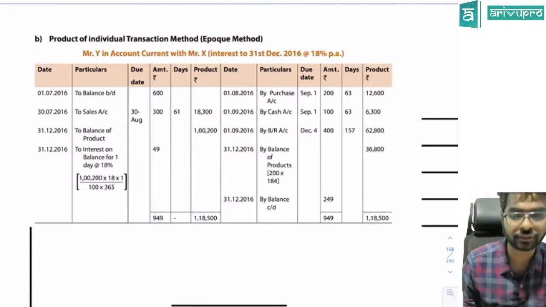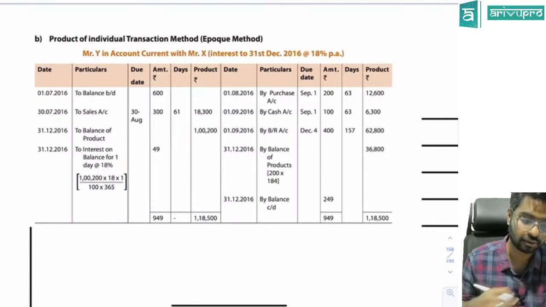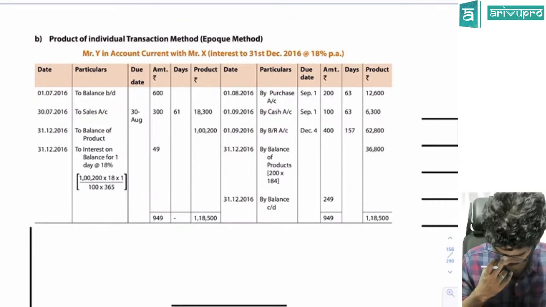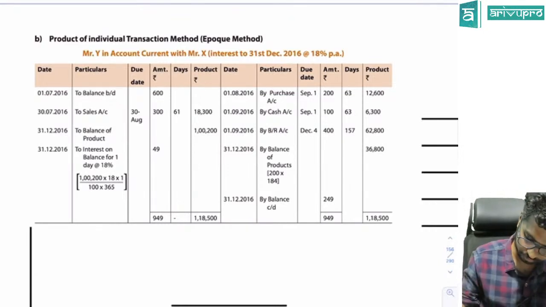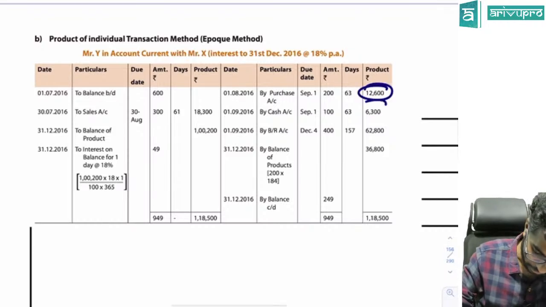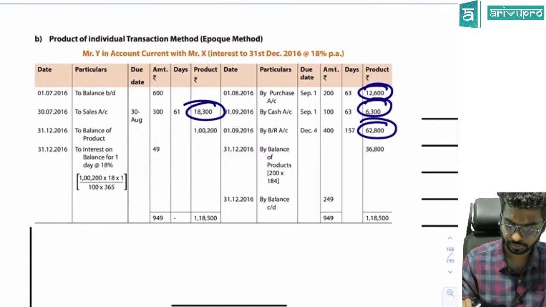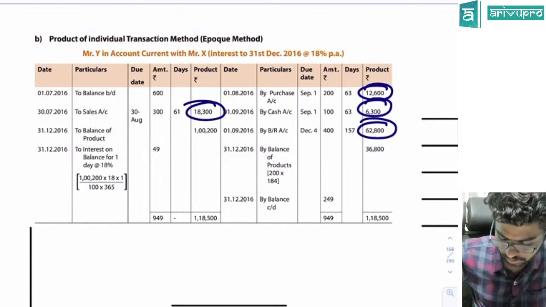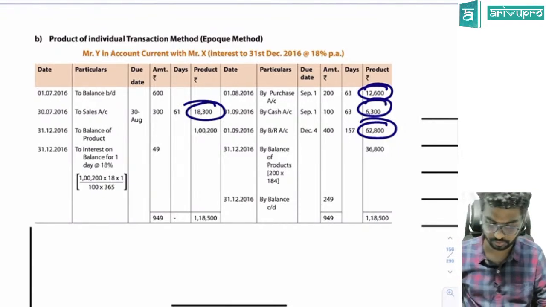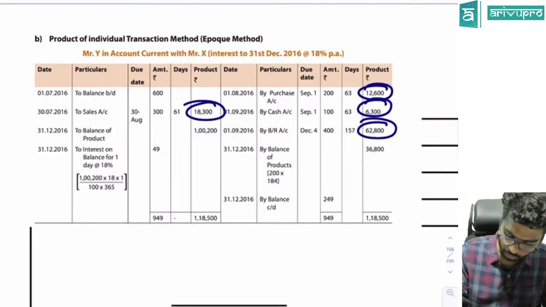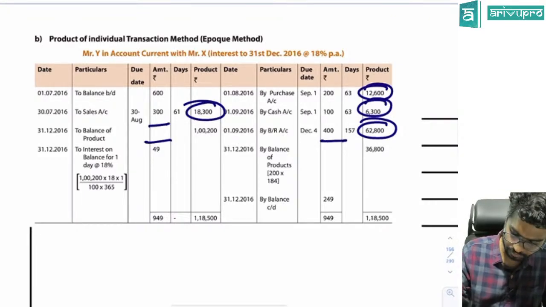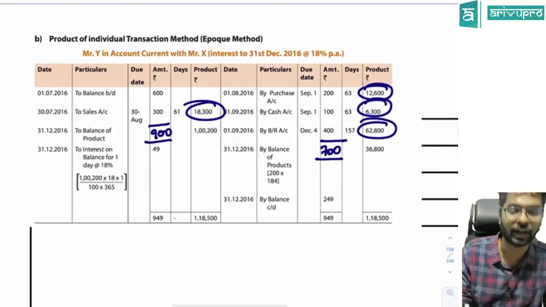Where is the biggest difference in the epoch method? I do the same products. Now when I do my balances, I want you to check into it. 4, 5, 7. Here 900. Are you guys clear?